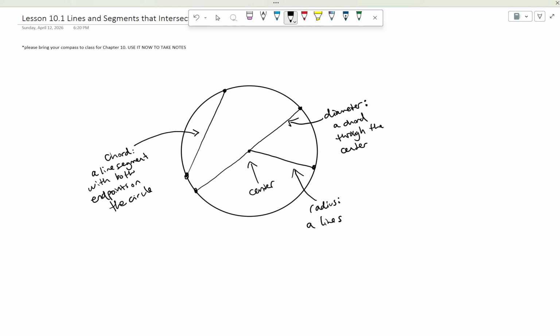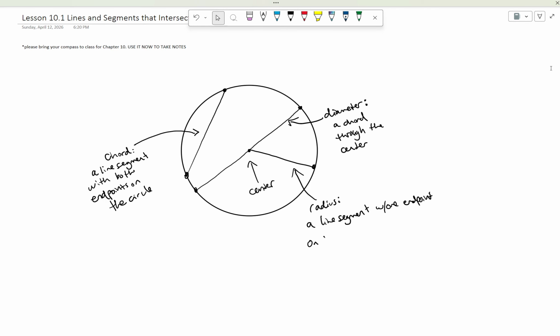So this is a line segment with one endpoint on the circle and the other at the center.